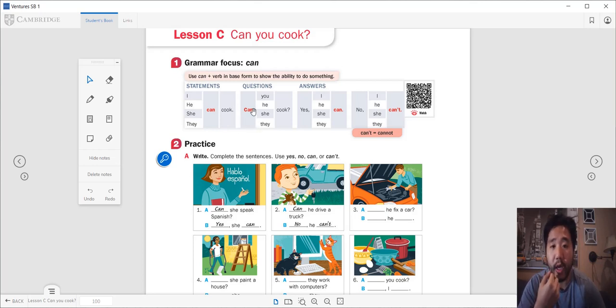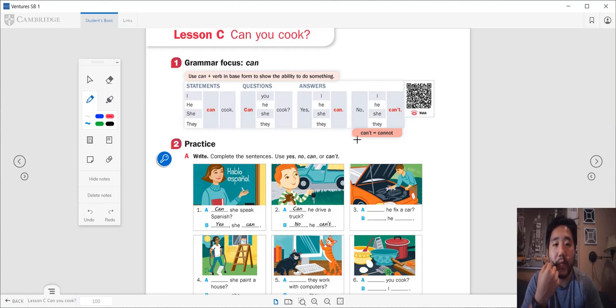For questions, can you cook? And the other person has to say yes, I can, or no, I can't. If you don't have the ability to do something, for example cooking here, then you have to say can't. No, I can't. And can't is the same thing as the word cannot, which you can see right here.